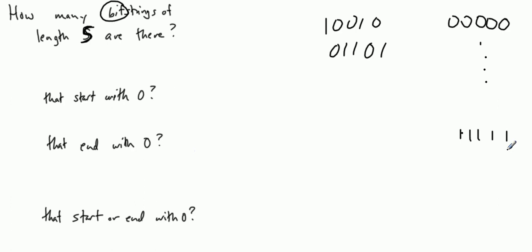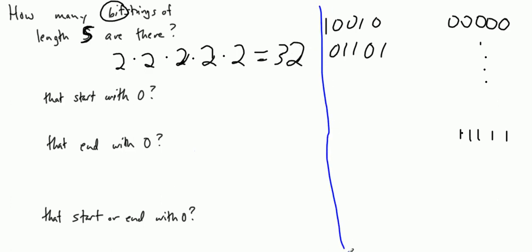So we would have 2 for the first, 2 for the second, 2 for the third, 2 for the fourth, 2 for the fifth, which turns out to be 32.